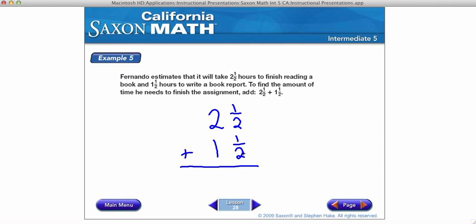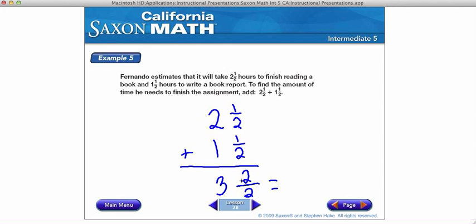So I know that 2 is in my denominator, so it will still be a 2 in the denominator. And now I add my numerators. 1 plus 1 is 2. And now I go to my whole number. 2 plus 1 is 3.